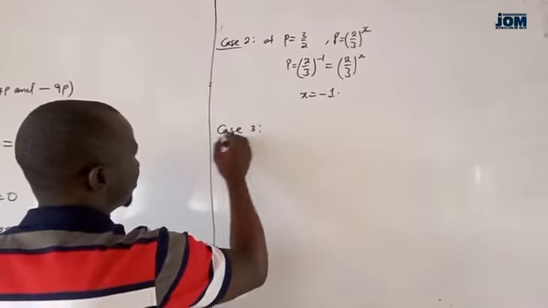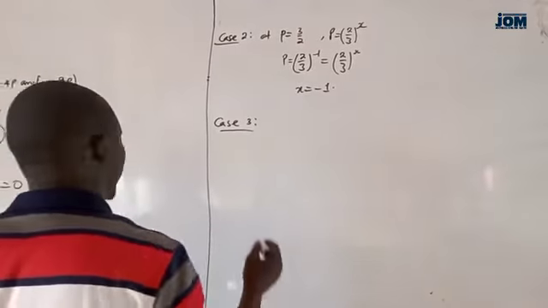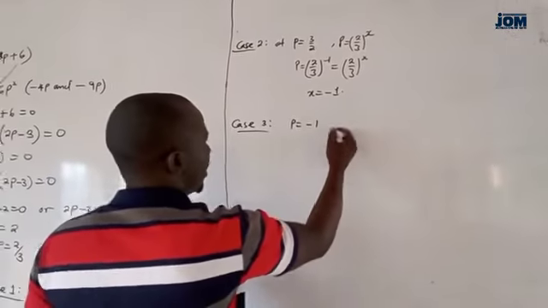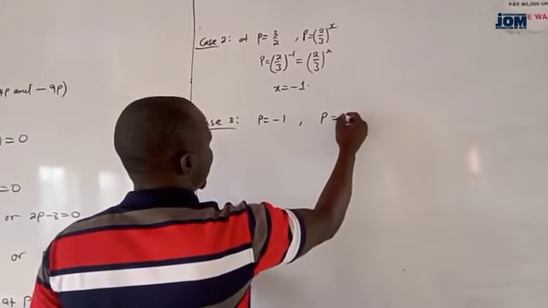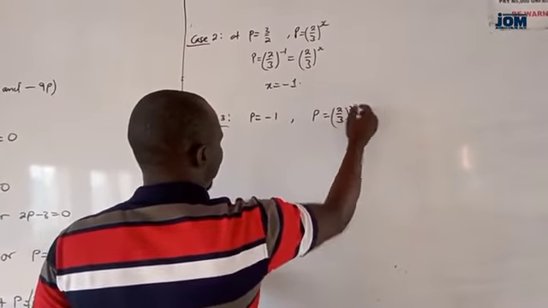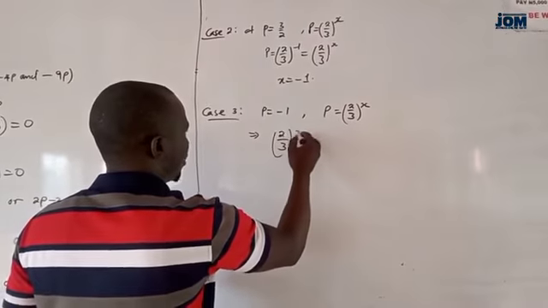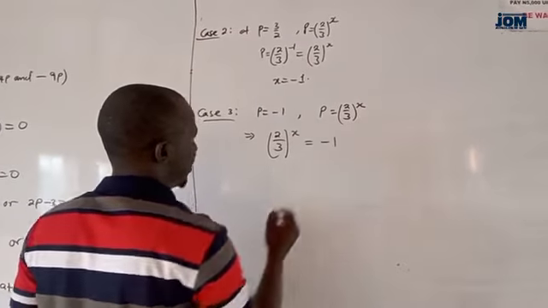For case 3, we know that the value of p we got is minus 1. Now, how can we make it so that p is 2 over 3 all raised to the power of x? Now, if these are equal, this implies that 2 over 3 all raised to the power of x is the same thing as minus 1.